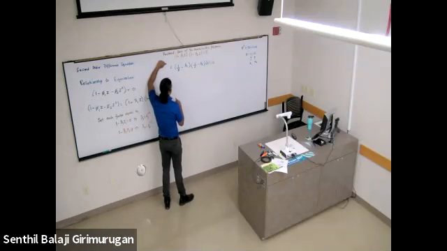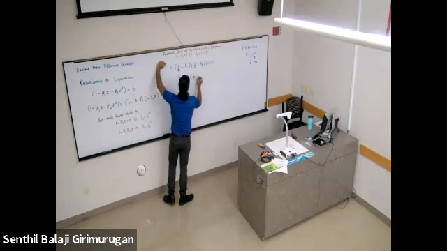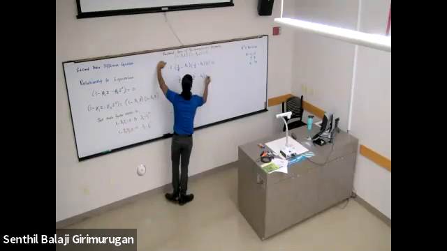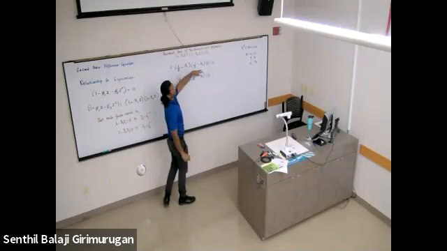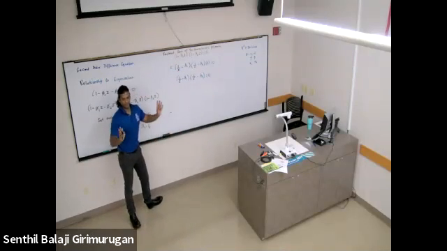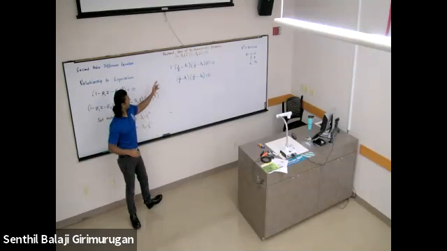And that is going to result in 1 over z minus lambda 1 multiplied by 1 over z minus lambda 2 equals 0. I'm going to divide out the z squared.